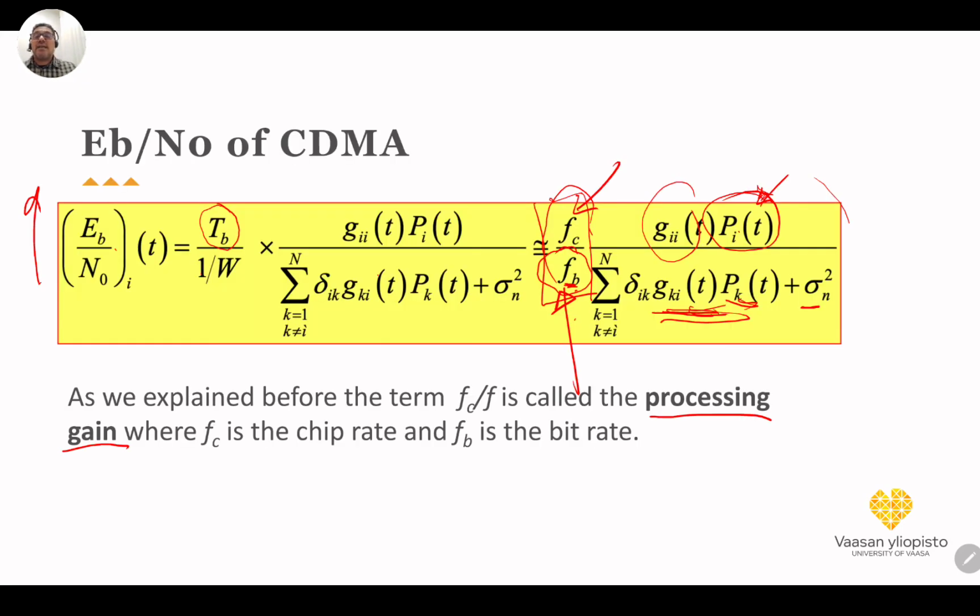Actually, what we have seen here is called direct sequence CDMA. We have other types of CDMA systems, not only the direct sequence system that we have seen now, but we also have what is known as frequency hopping CDMA, and also time hopping CDMA. Let us see them in a fast way.